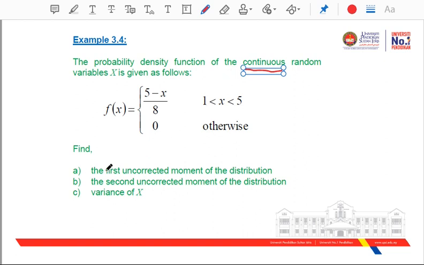So look at the first question. Find the first uncorrected moment, second uncorrected moment. So first uncorrected moment means mu prime with r equal to 1, and the second is mu prime with r equal to 2.